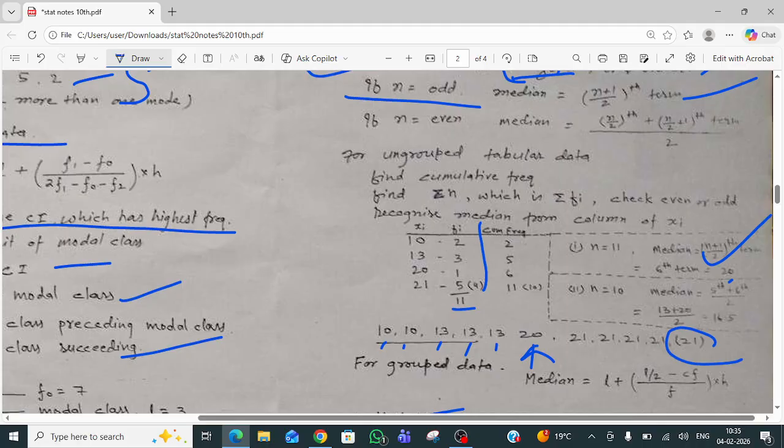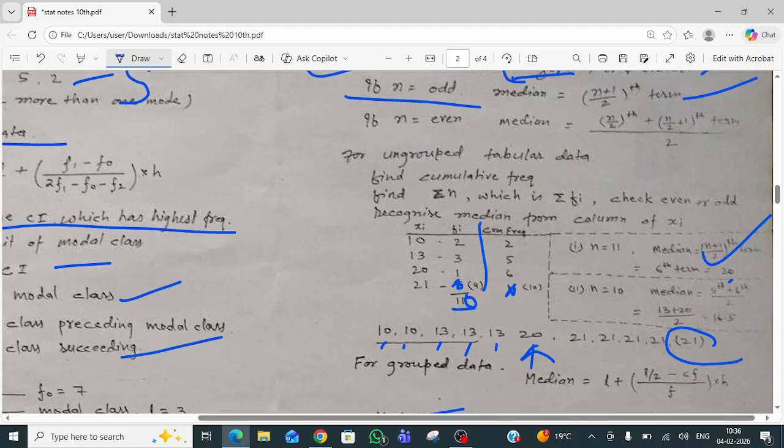Next, if we are considering n equal to 10, there are only 10 students. So in the last, instead of 5, I am using 4 now. This 5 is erased, so below also became 10. Here also 10. So what will be the median? If 10 terms are there, then none of the terms is in the middle.